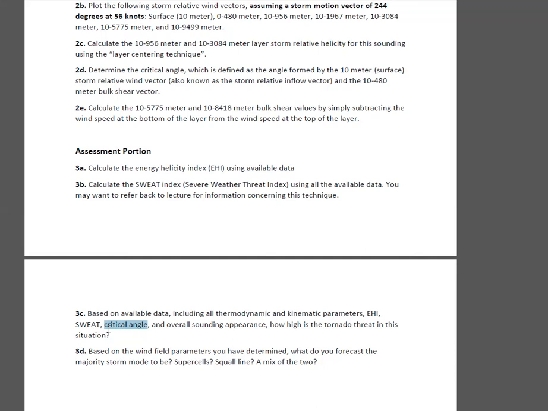Typically in the plains, the critical angle values will run during big tornado days anything from 75 to 110, 115. Somewhere they're a little bit higher in the plains states. Okay, so that'll help you understand the critical angle. So you're probably in the southeast looking for a value of like 55 to 75, generally speaking, and in the plains a little bit higher.